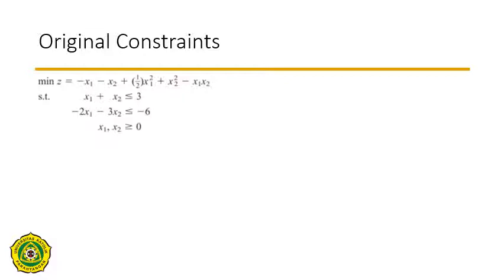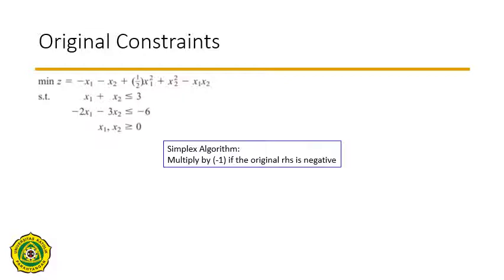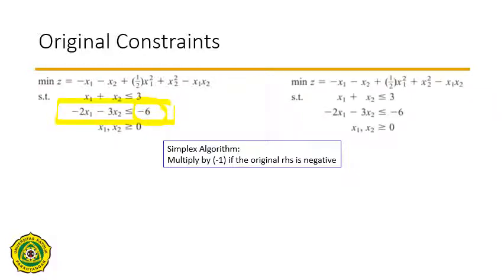So if you recall, the first step in simplex algorithm is checking, is there a right hand side that is negative? So here, yes, we have a right hand side that is negative. So we need to start by multiplying the entire constraint by minus 1. So this is the original problem, and then we multiply it by minus 1, so then it becomes like this.